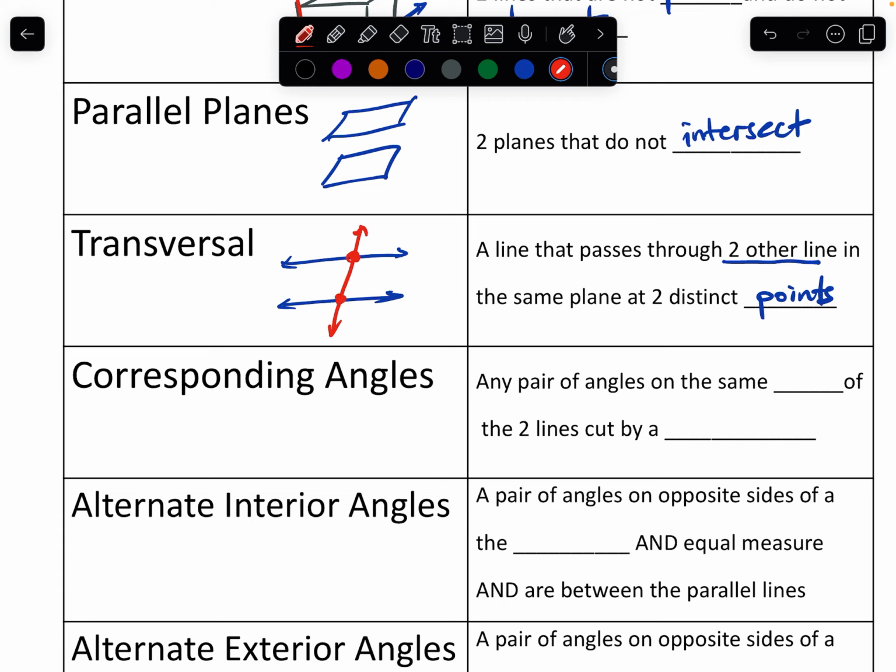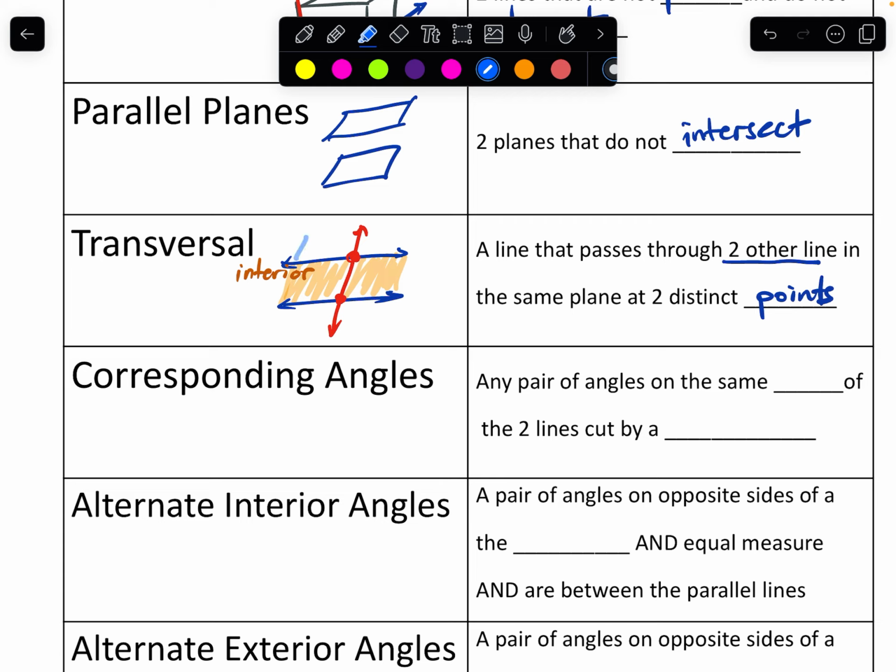Okay? So before I go to the angles, let me highlight something. The area between your two lines, your two blue lines, is called the interior. So this is the interior.